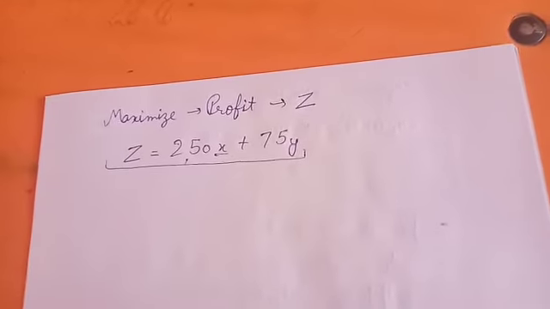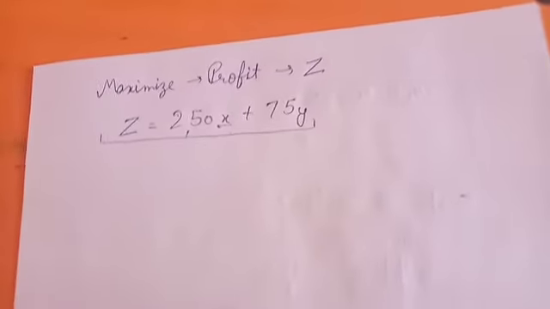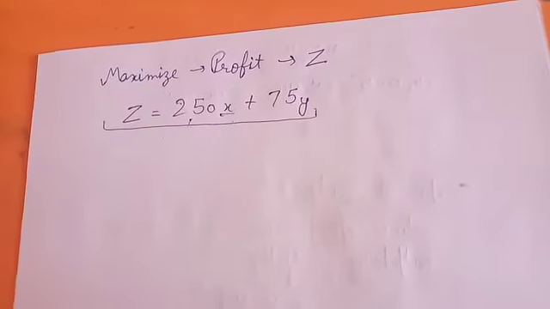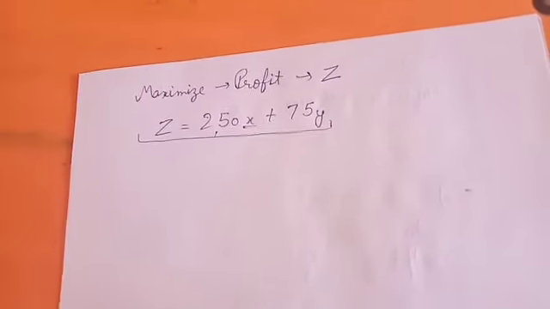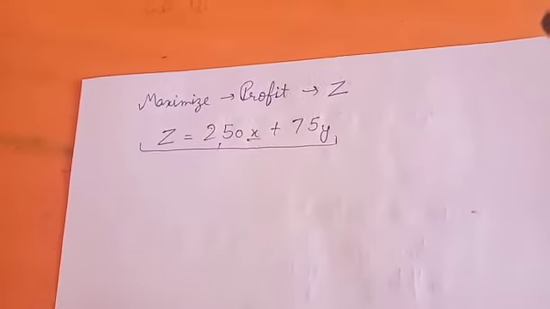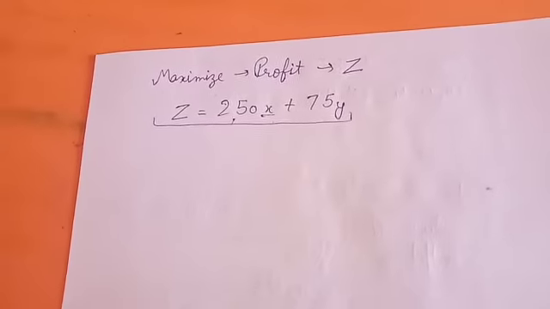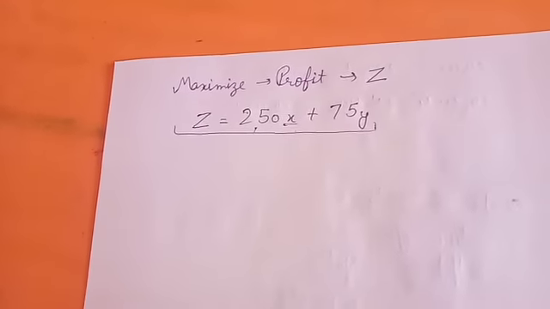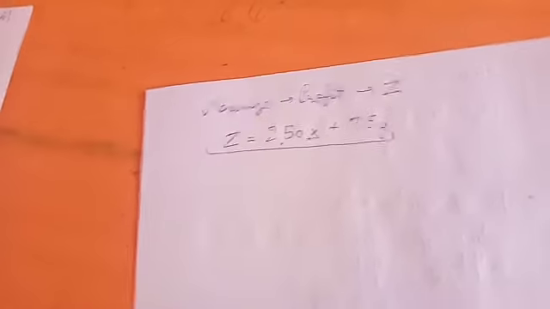Now, but he cannot use money more than 50,000, he cannot keep objects more than 60, and also chairs and tables cannot be negative. So these all are our restrictions.